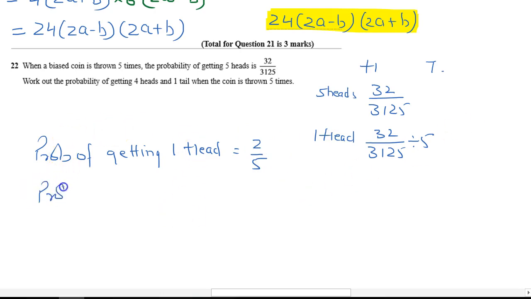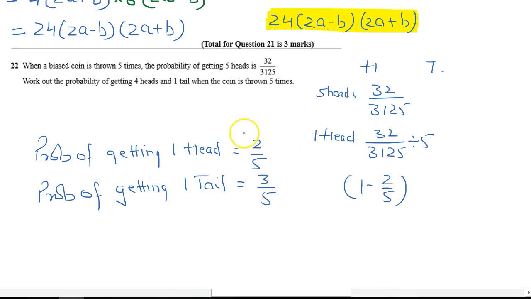And the probability of getting one tail, total is 5, so that is 3 over 5. Or you can write 1 minus 2 over 5. Whichever way. This is the probability of getting one tail. This is the probability of getting one head. Now 4 heads and one tail.